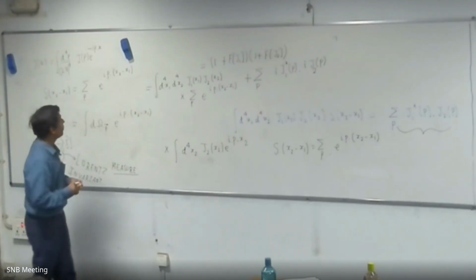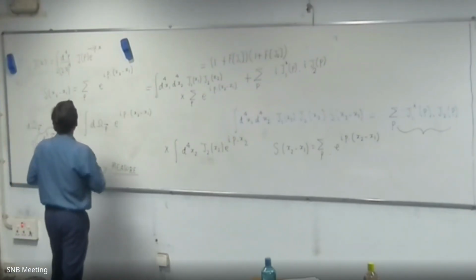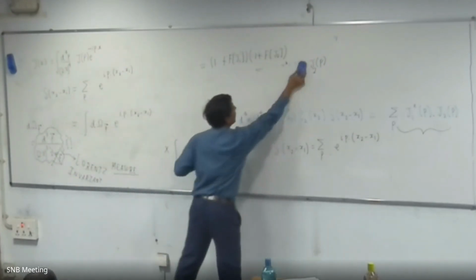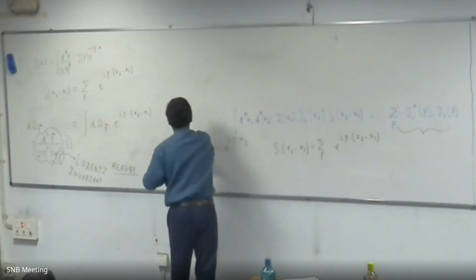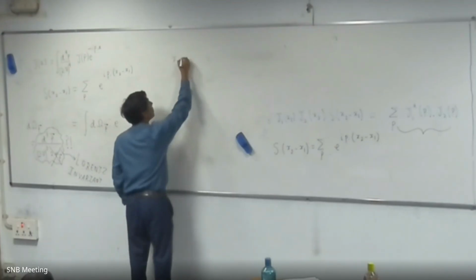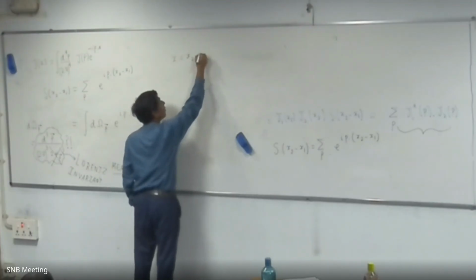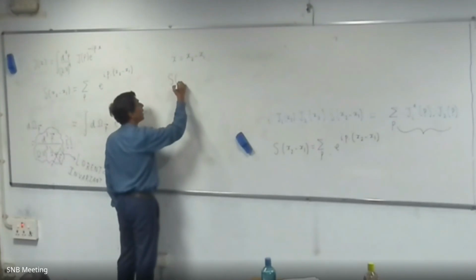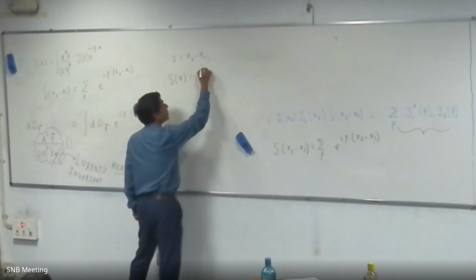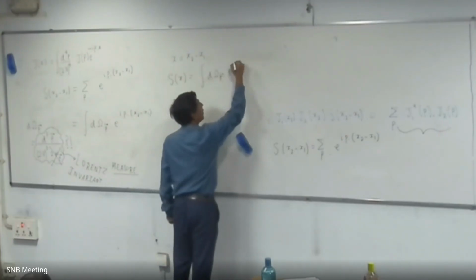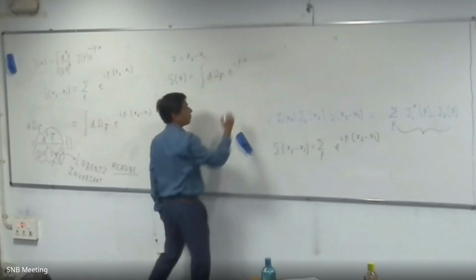So what we have shown is that this function s that we have derived is basically a very simple function of this form. If I say that x is x2 minus x1, then this function s of x is the integral d omega p e to the power of i p dot x.